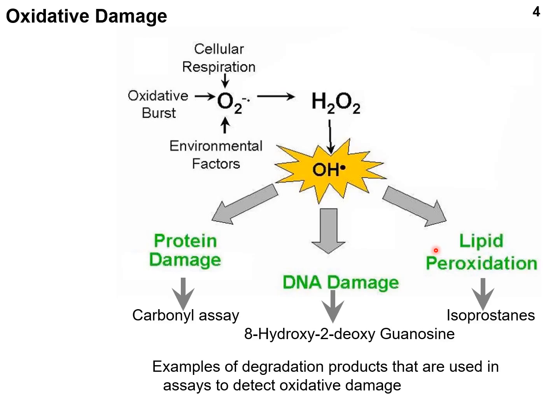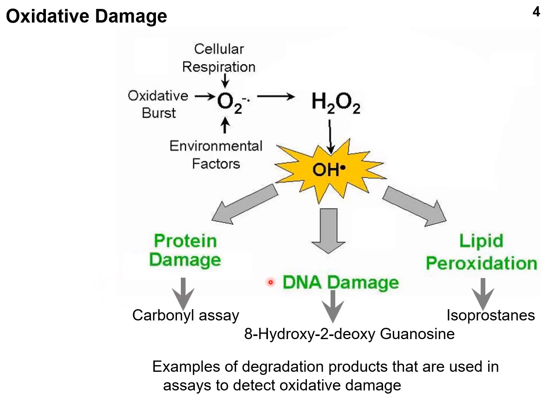There has been a lot of work looking at pathways by which hydroxyl radicals cause damage to macromolecules. It turns out that a lot of the degradation products can be developed into assays to track where hydroxyl radicals are attacking. We're going to look at three examples. One is protein damage, which is the carbonyl assay.